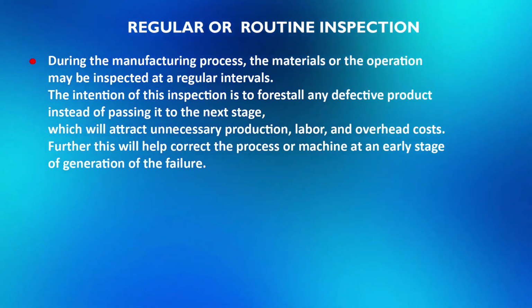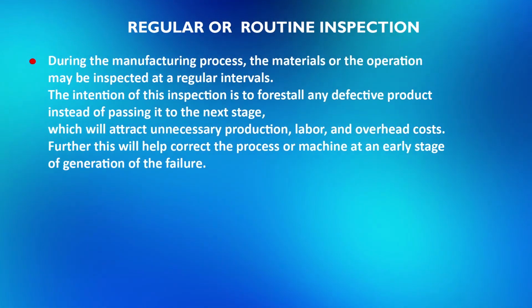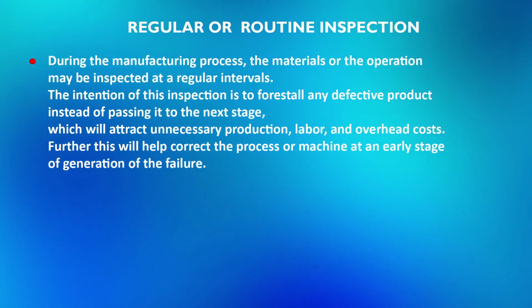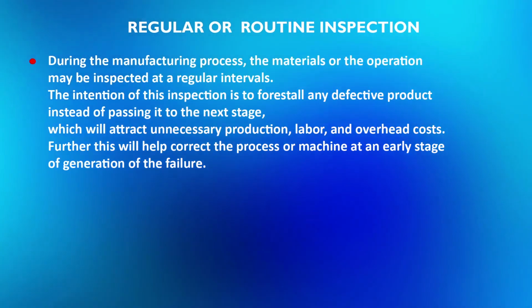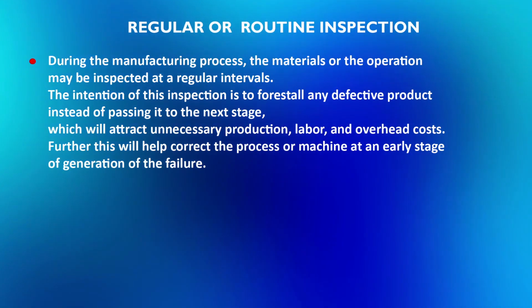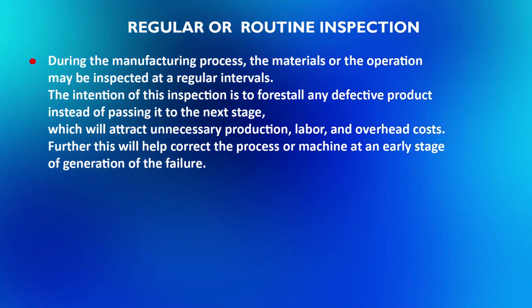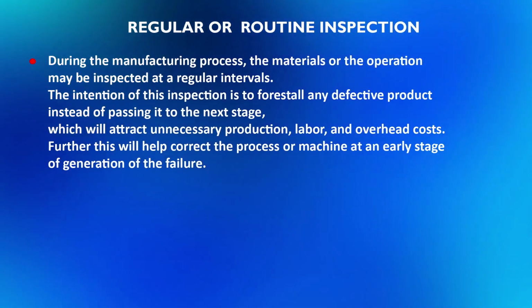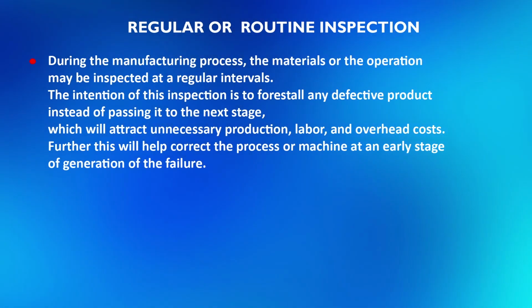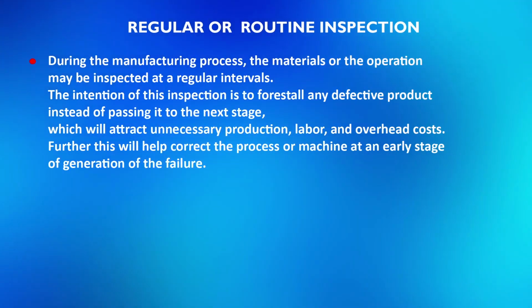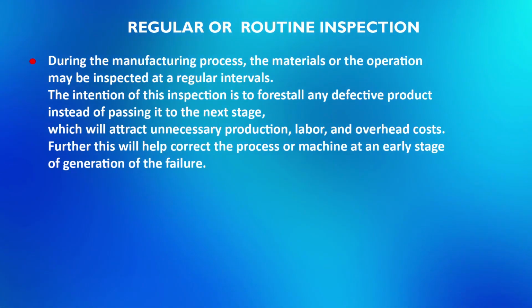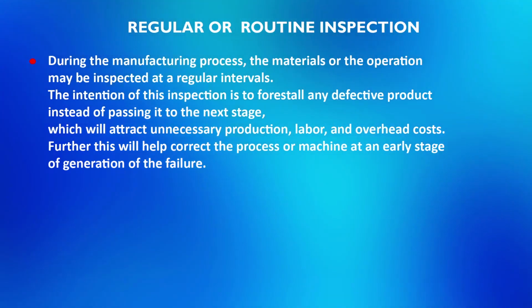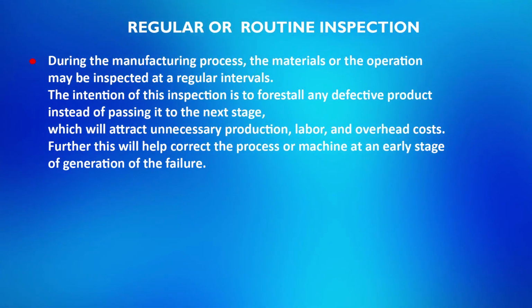The intention of this inspection is to forestall any defective product, instead of passing it to the next stage, which will attract unnecessary production, labor and overhead cost. So what we will see is, if any defect comes in between, what is the advantage of routine inspection?